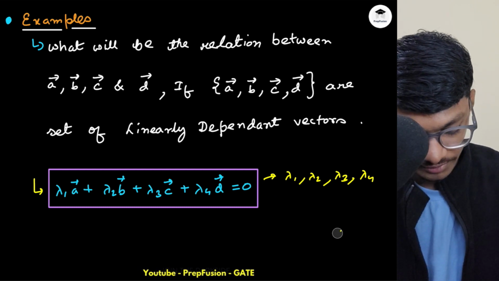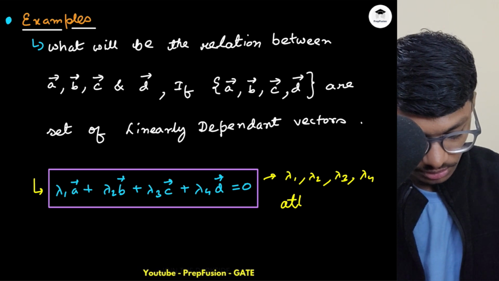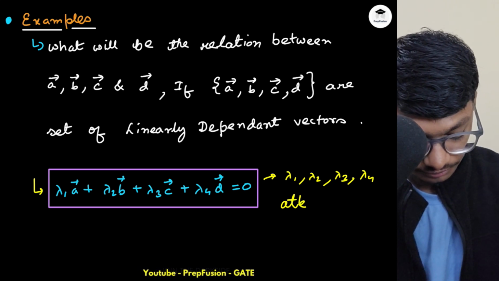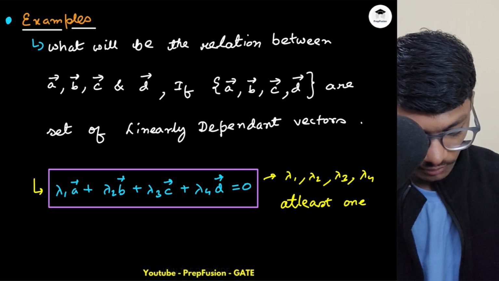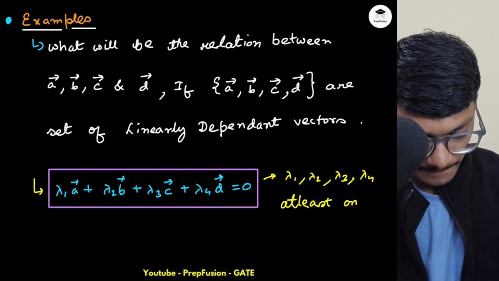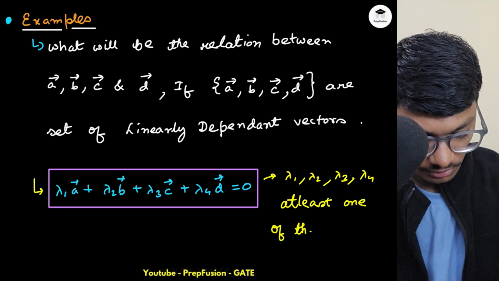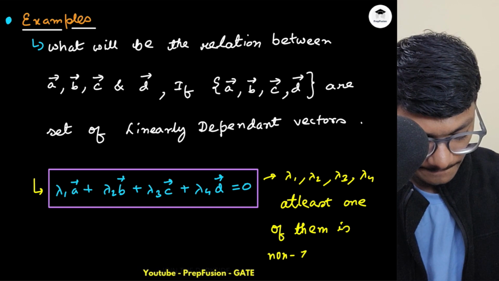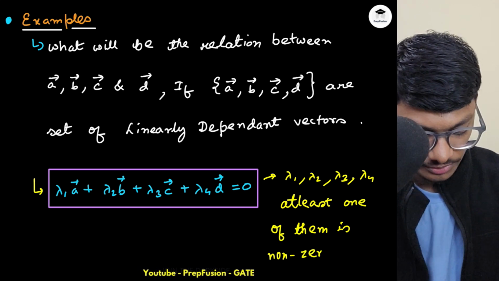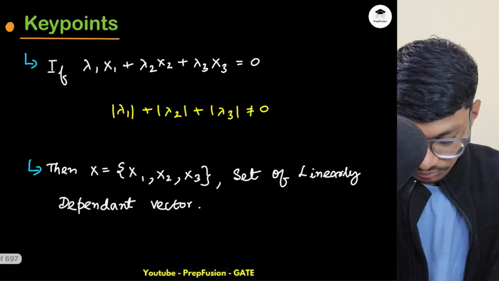At least one of them is non-zero. Okay, at least one of them is non-zero, so they can't all be 0 simultaneously.